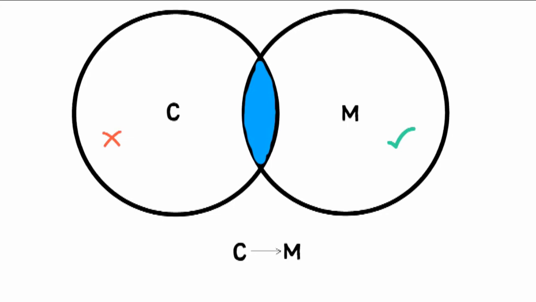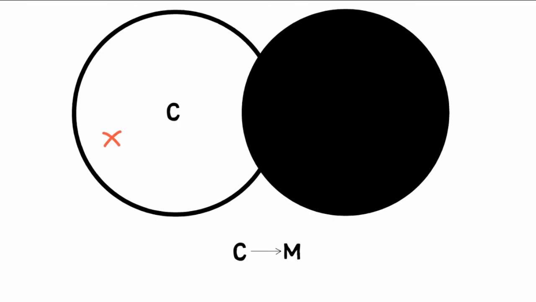So let's now consider another option. Suppose that there were no mammals. So I'm going to black out this entire circle of the set of mammals. And this says there are no mammals. No mammals at all. And the question we could ask is, if we take away the set of all mammals, can we have a cat? And the answer is no. Because remember, this X over here says we can't have a cat that's not also a mammal.